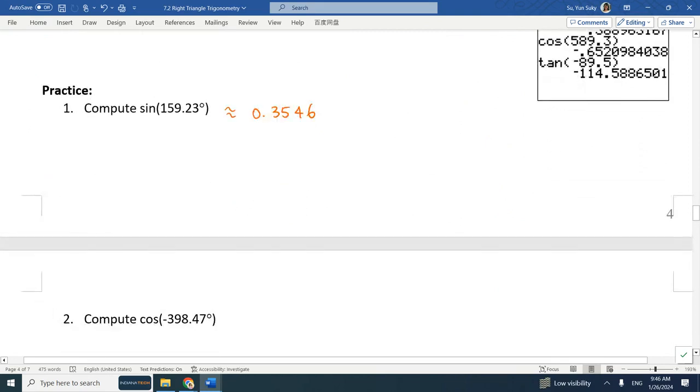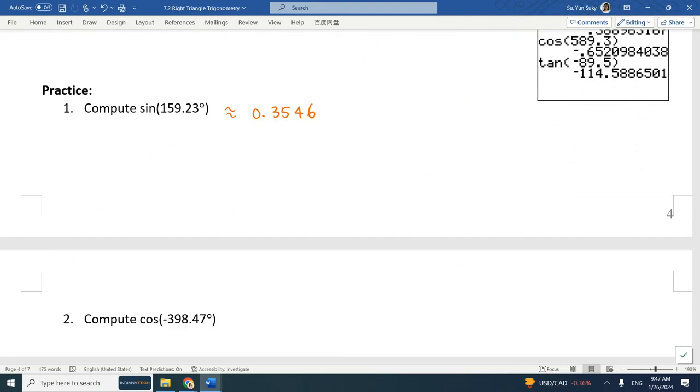Okay. And now cosine. Let's see. Yeah, this degree and then everybody find the degree radian sign.